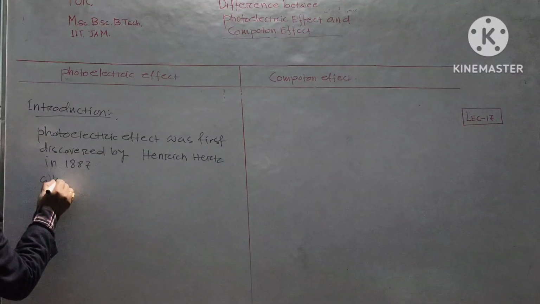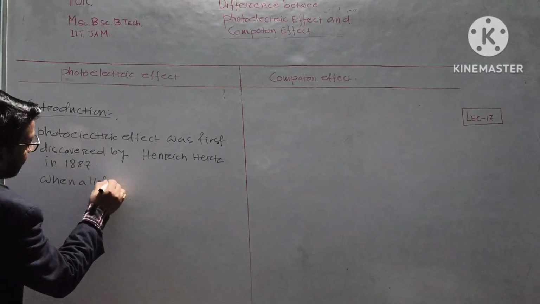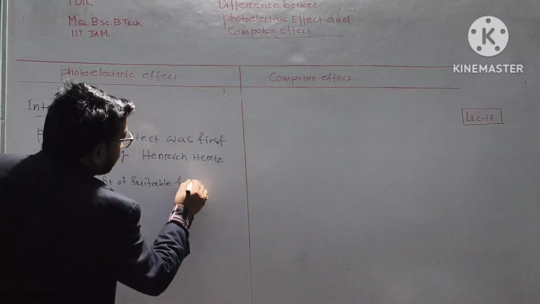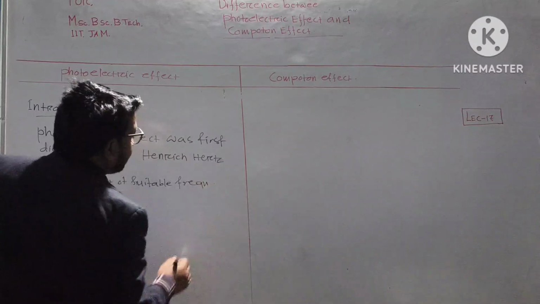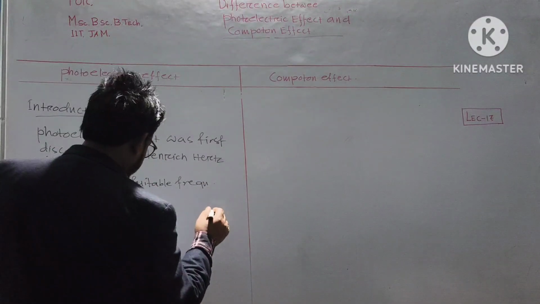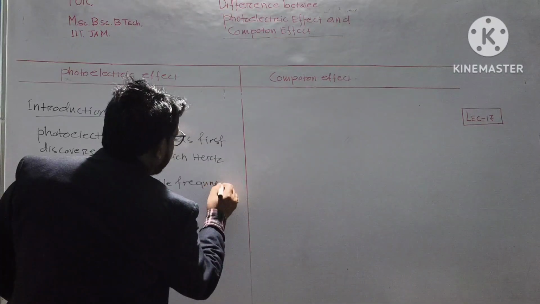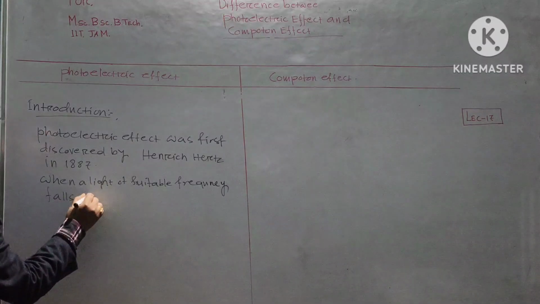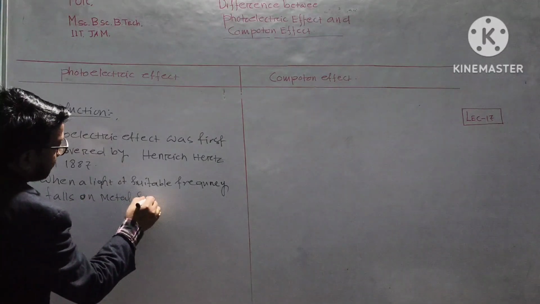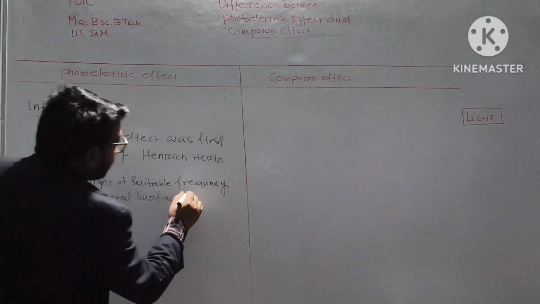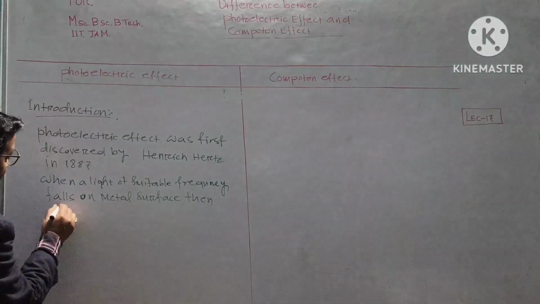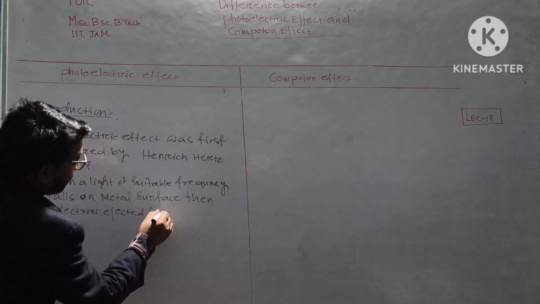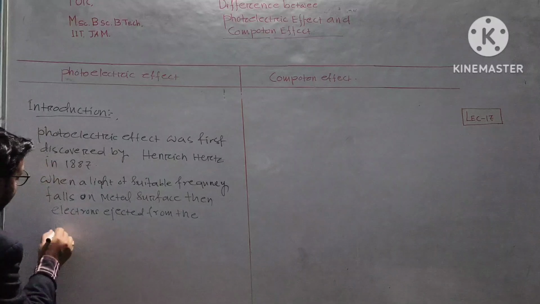When a light of suitable frequency falls on a metal surface, then electrons eject from the metal surface.